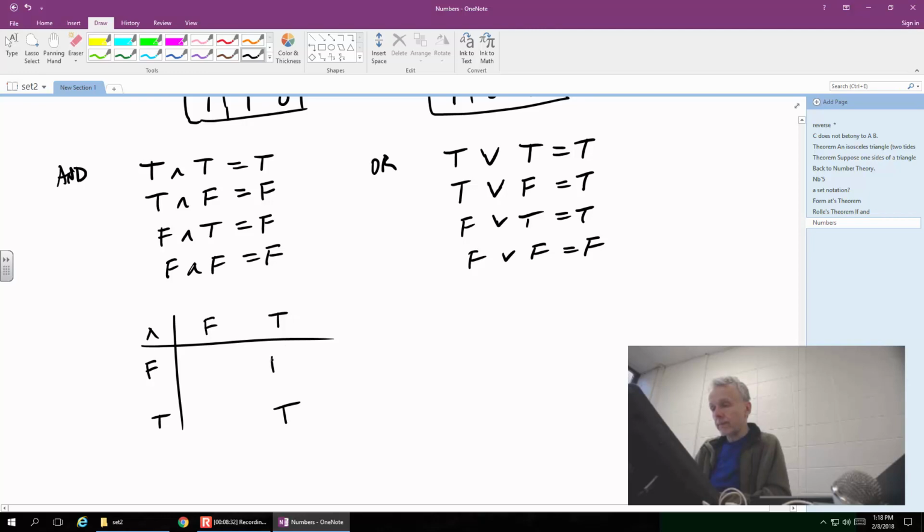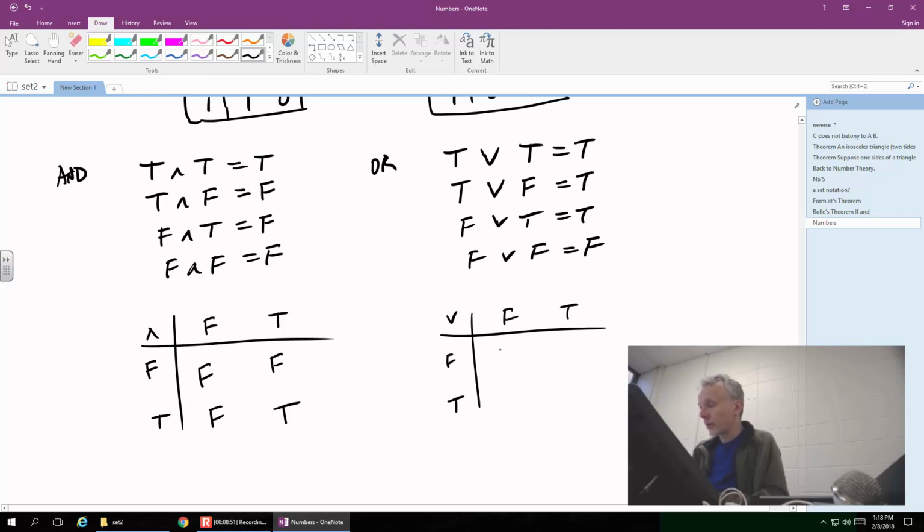The other two are false and false, and this is also false. And the other one is the "or": false, true, so false, true, and true.